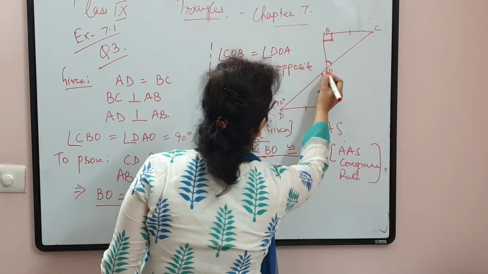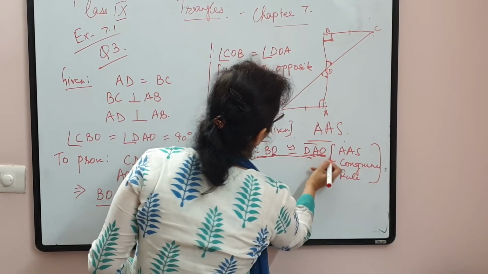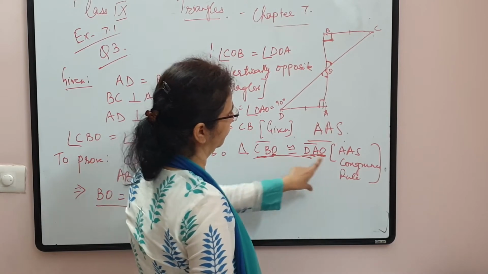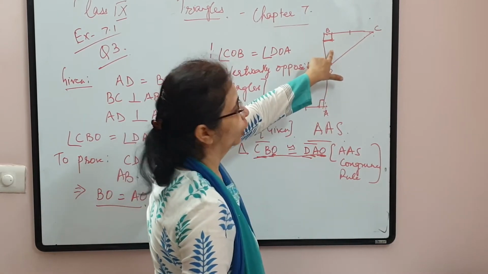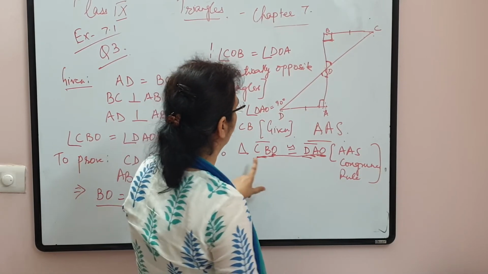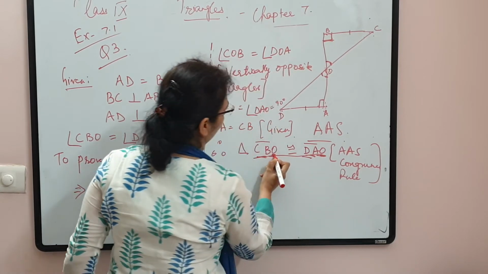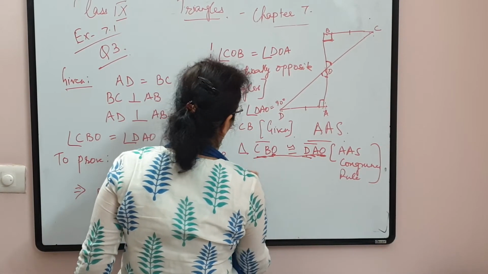You can check that angle O is common. It is appearing in the third place, angle O. They are vertically opposite angles. You have proved that they are equal. So this nomenclature is correct.